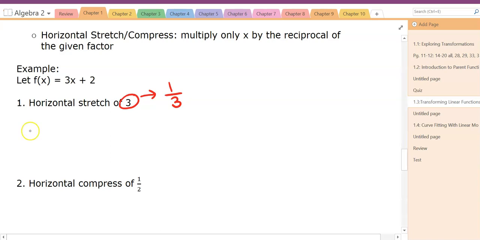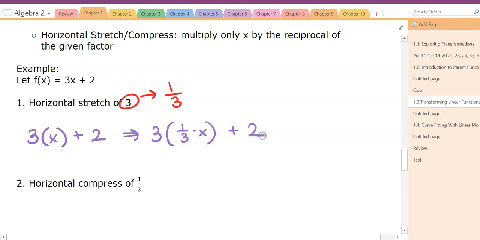Again, if it's helpful to you guys, put x in parentheses for the ones where you only have to affect the x, so that you can isolate that term and deal with that first before you do any other simplifying with the equation. So for my x, it's going to be 1/3 times x. And then we still have plus 2 on the outside.